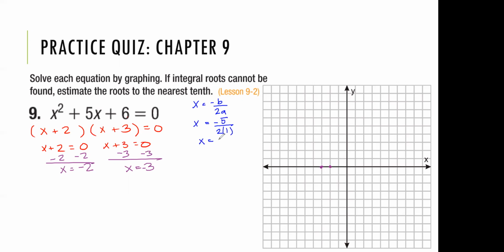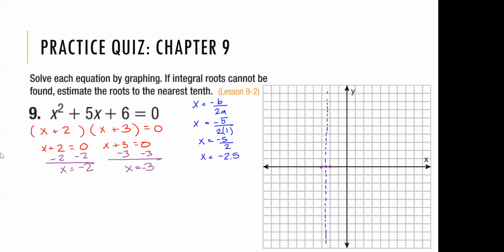So negative 5 over 2 times 1 is 2. So x is equal to negative 2.5. So that means my axis of symmetry is at negative 2.5. So that's right here, and remember that's going to split my parabola in half.